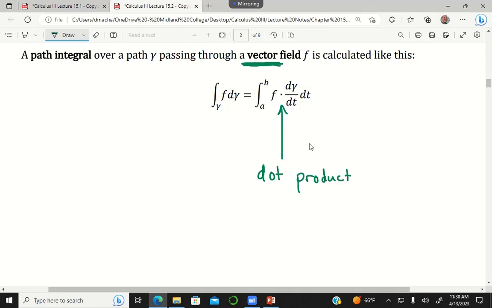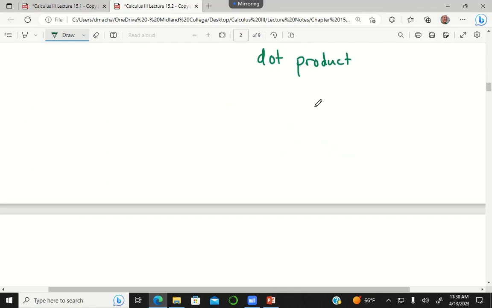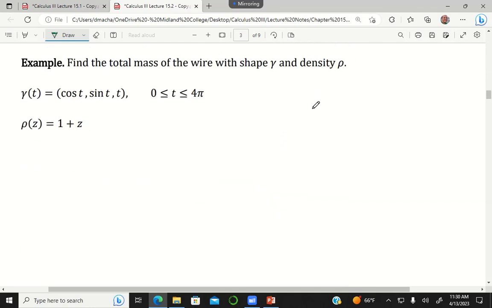Okay, so let's do some examples. This example says, find the total mass of a wire with the shape given by gamma and the density given by rho. And so this is a path, or a parametric curve, right, through space.